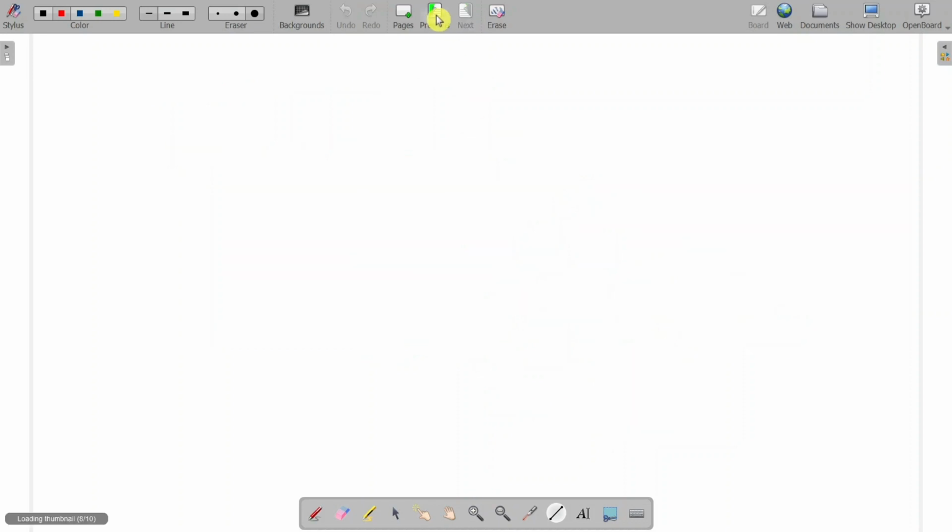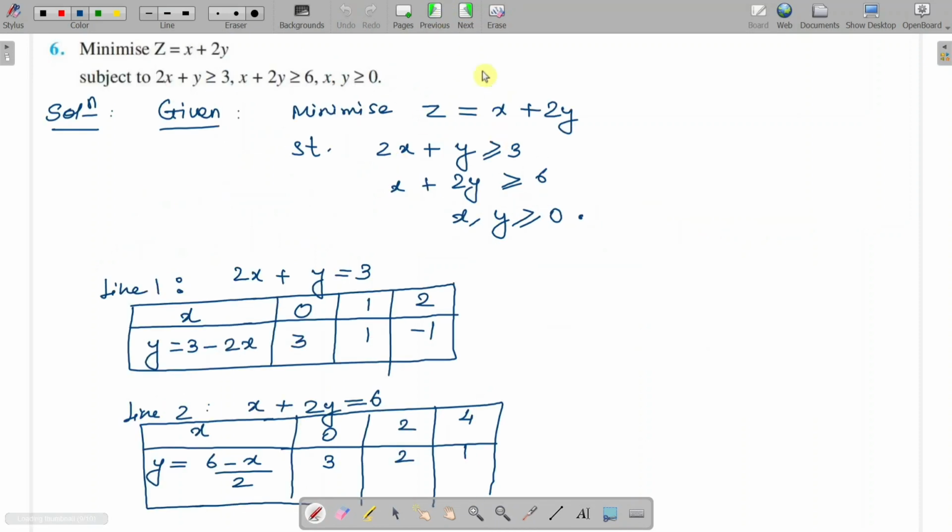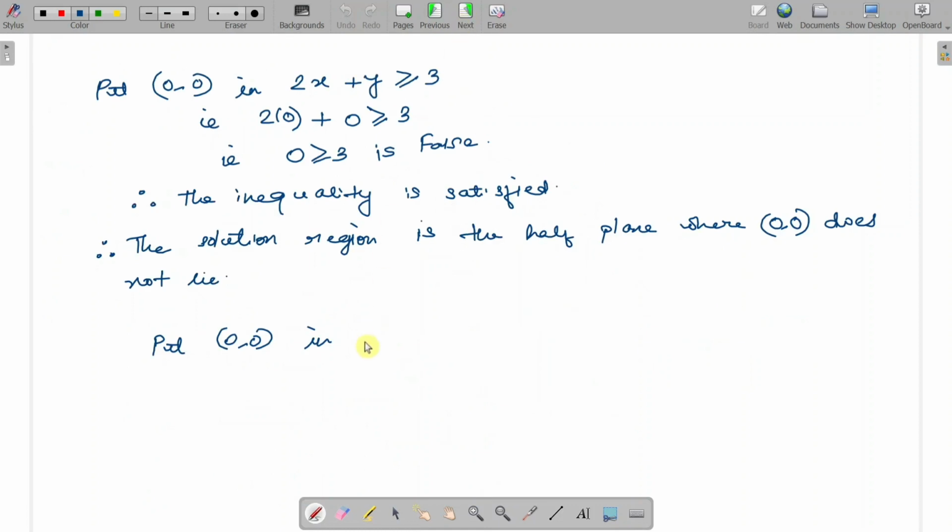Right, now let us put 0 comma 0 in the second inequality, which is x plus 2y greater than or equal to 6. That is nothing but 0 plus 2 times 0 greater than or equal to 6, that is 0 greater than or equal to 6, which is false.